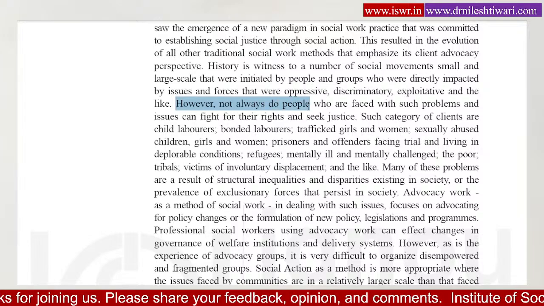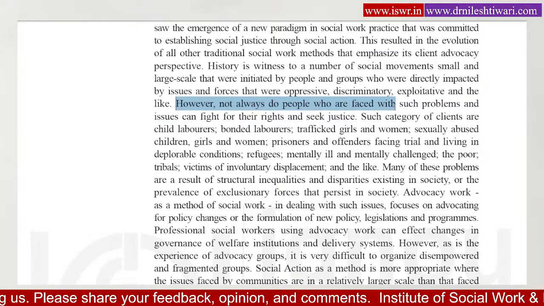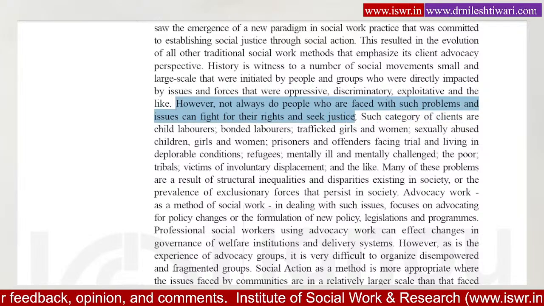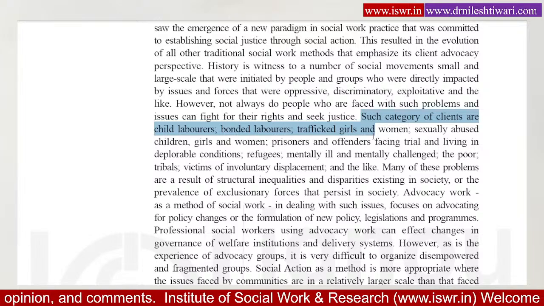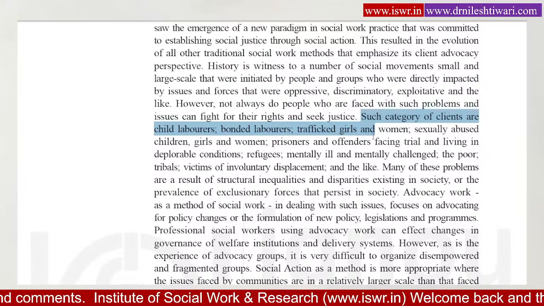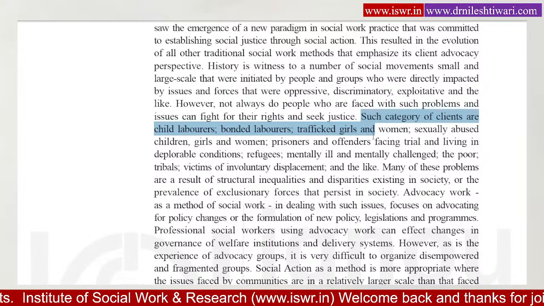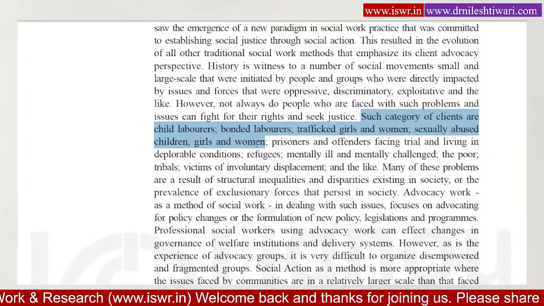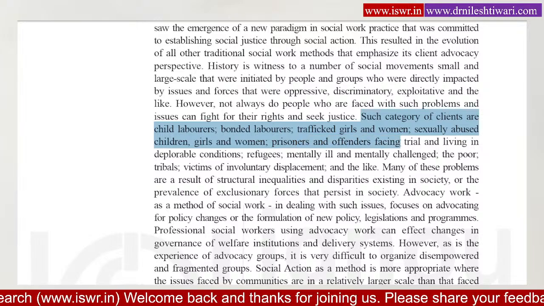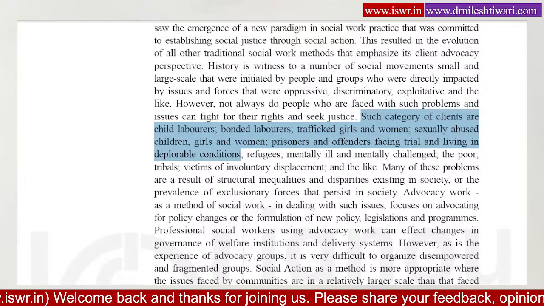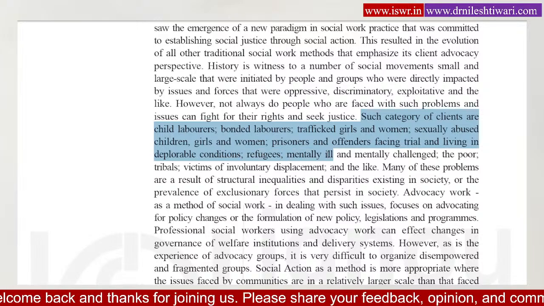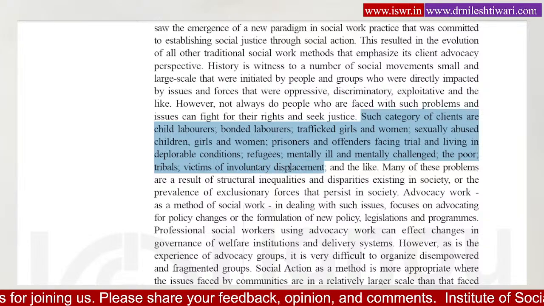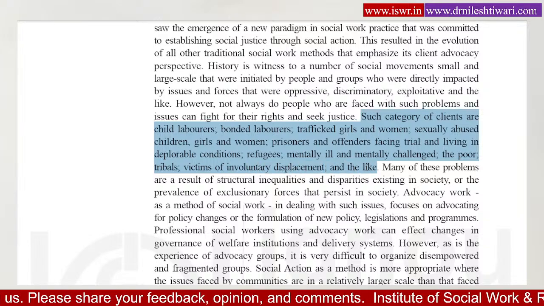However, not always can people who are faced with such problems and issues fight for their rights and seek justice. Such categories of clients are child laborers, bonded laborers, trafficked girls and women, sexually abused children, girls and women, prisoners and offenders facing trial and living in deplorable conditions, refugees, the mentally ill and mentally challenged, the poor, tribal, victims of involuntary displacement, and so on.